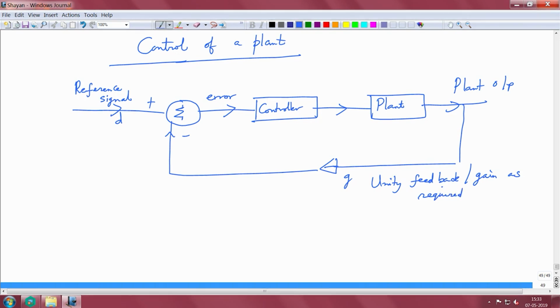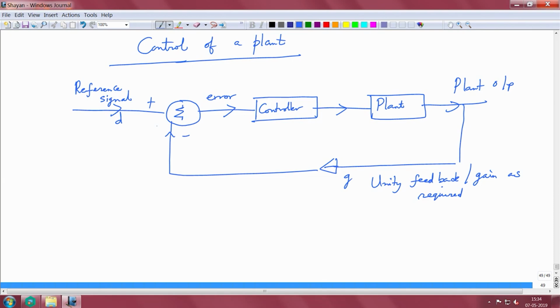Now, let us imagine that we want to regulate a plant. That means it is taking certain inputs from a controller, and this controller is controlled by the error signal. There is a reference signal that I want, and because of the inherent properties of the plant and the controller, we have another signal which is not exactly the reference signal, but we want to control the plant so that it is regulated.